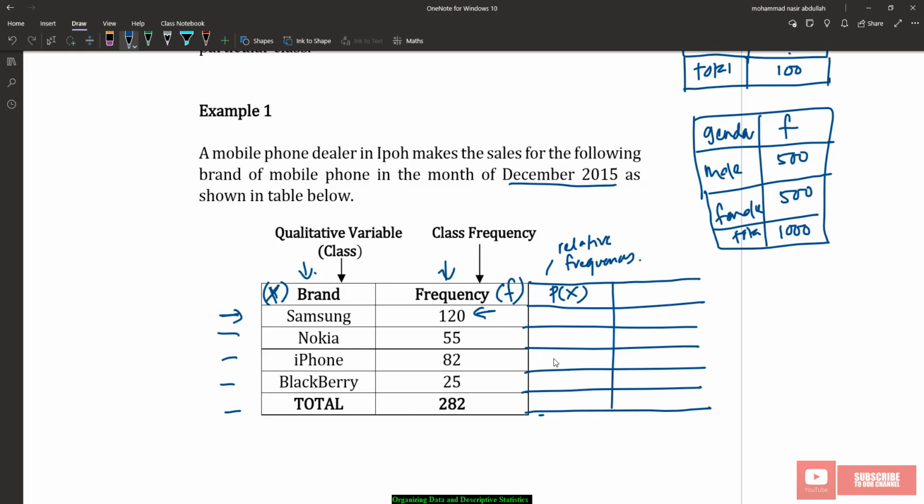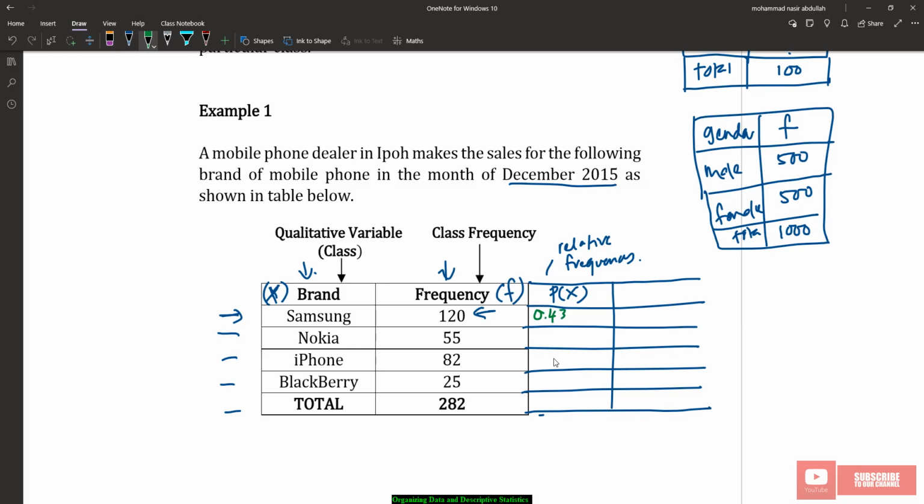So to get the relative frequency for the first class, which is Samsung, 120 divided by 282. It should be a value less than 1 and more than 0. It cannot be a negative value. It cannot exceed 1. So 120 divided by 282 should be equal to 0.42 or 0.43, contoh.